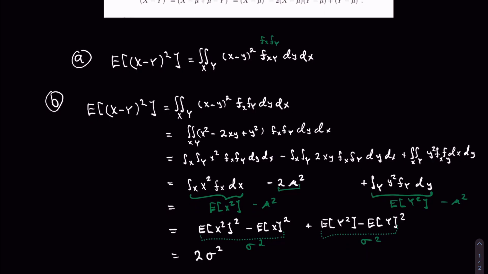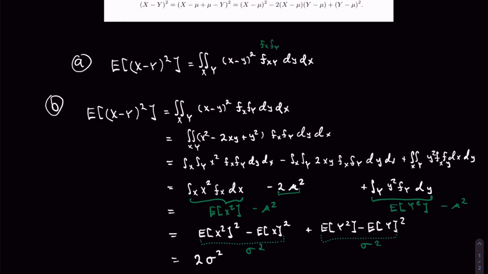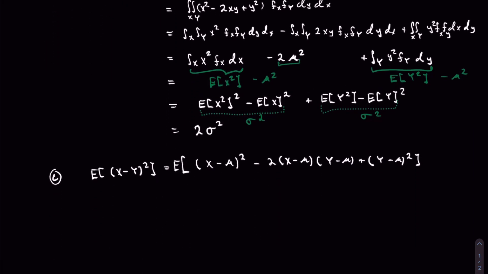Well, we do want the expectation here, so I'm going to leave this here, and then we have x minus mu squared, minus 2 times x minus mu times y minus mu, plus y minus mu squared, and then that's the whole expectation over it.